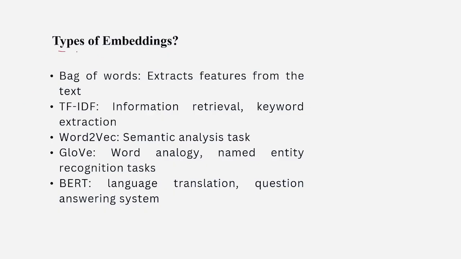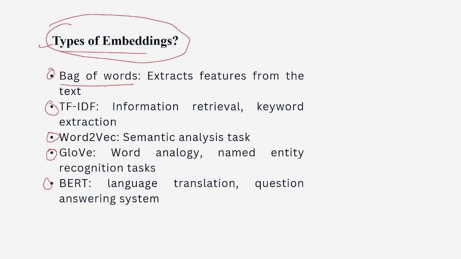Types of embeddings. We have different types of word embeddings like bag of words, TF-IDF, Word2Vec, and GloVe. We will discuss these types of embeddings in detail in the next videos, like what bag of words is and the intuition behind it.